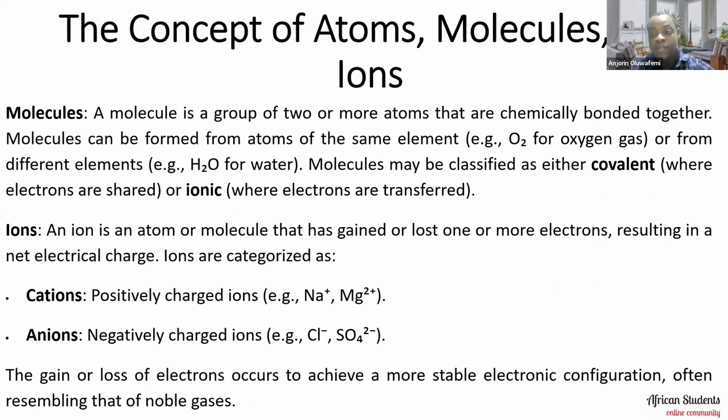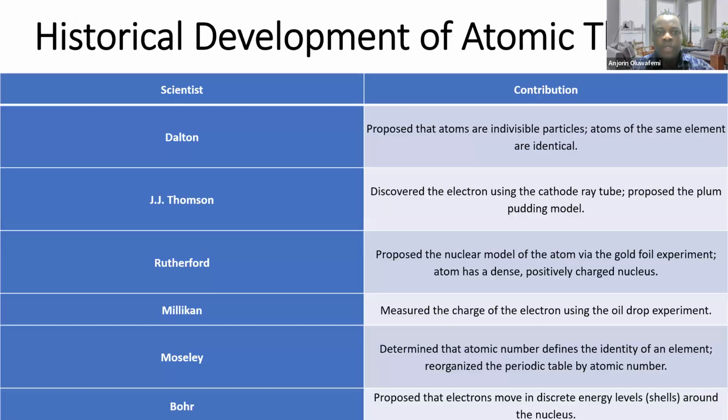We categorized ions into cations, which are the positively charged ions, and then the anions, which are the negatively charged ions. Okay. After that, we also looked at some contributions that have been made by some scientists over the years, and we looked at people like Dalton, J.J. Thomson, Rutherford, R.A. Millikan, Moseley, and then Niels Bohr.